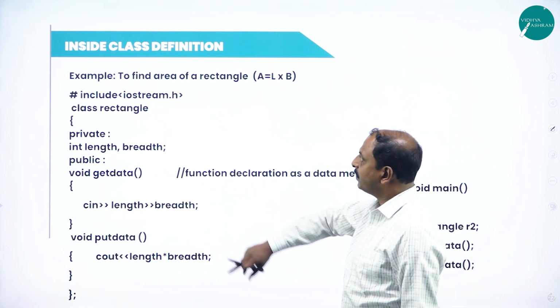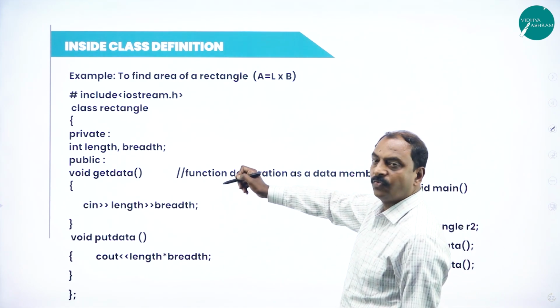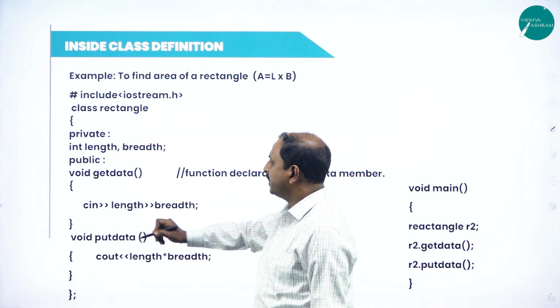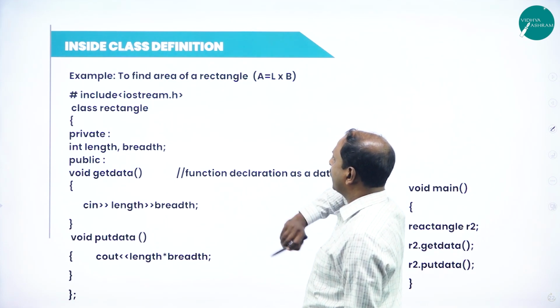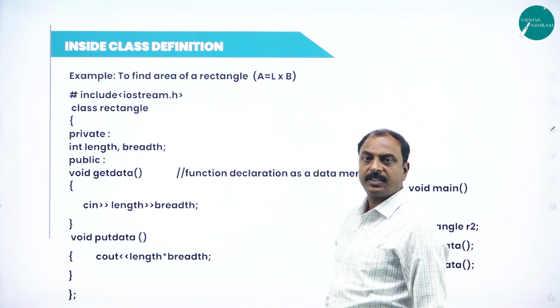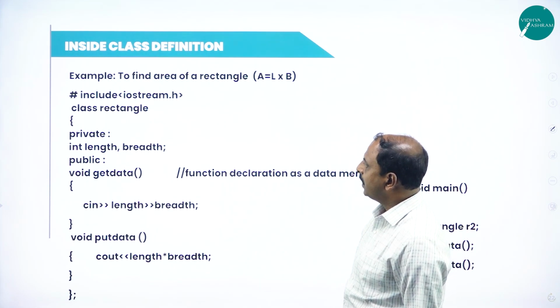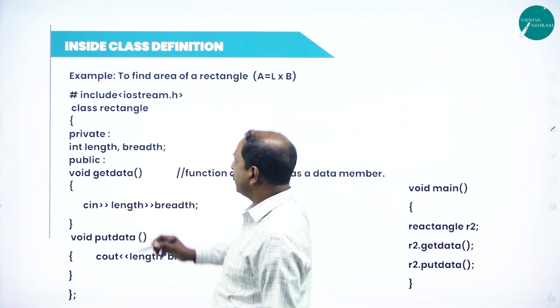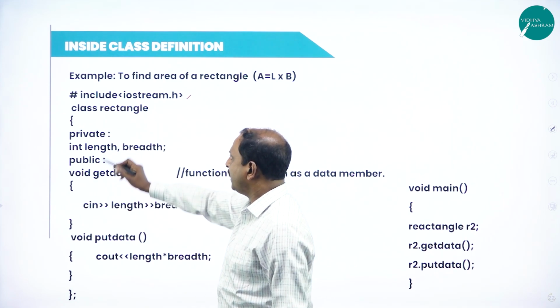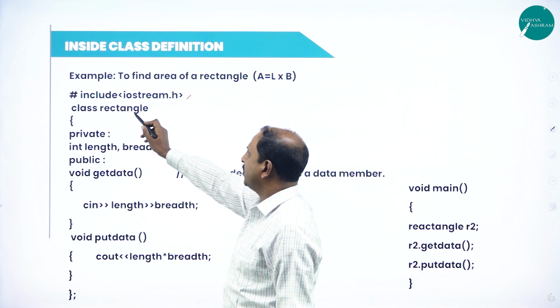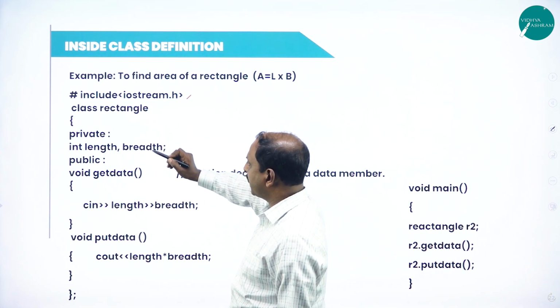This is an example of a class function defined inside a class. In this example, to find the area of a rectangle, you know the formula: area is equal to length into breadth. The program starts with the header file, and here we define a class named rectangle.